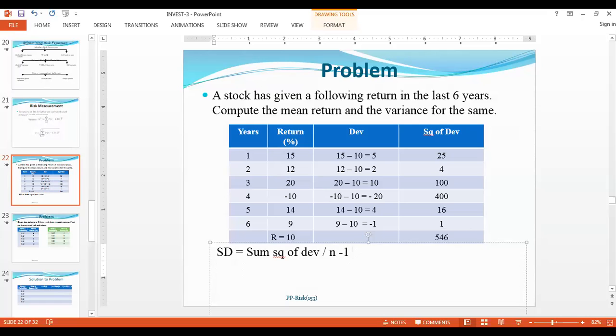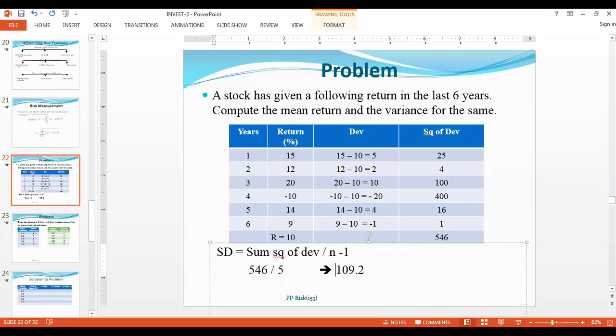What is your answer in that case? 546 divided by 6 minus 1. What is n minus 1? 5. So 546 divided by 5 is 109.2.